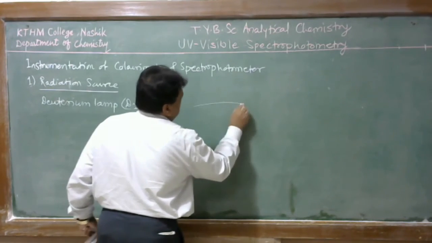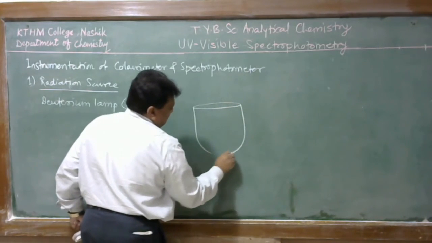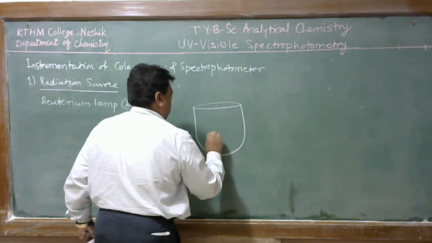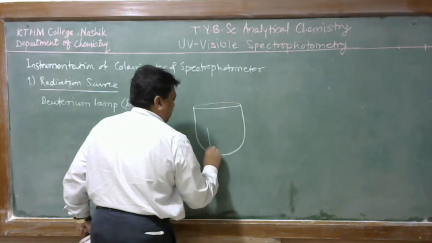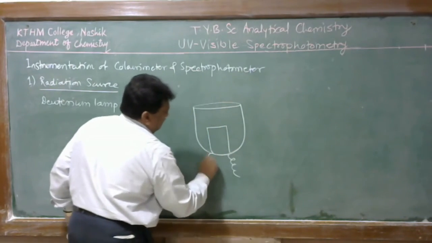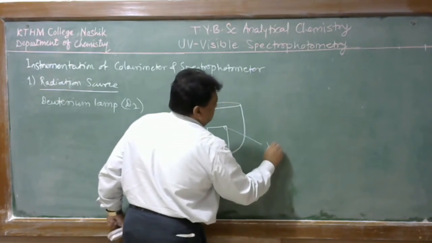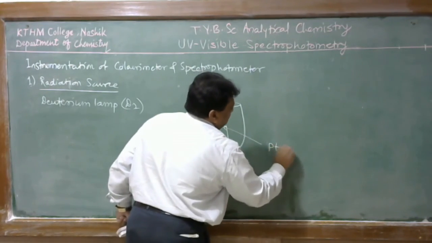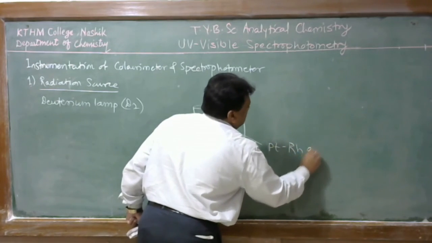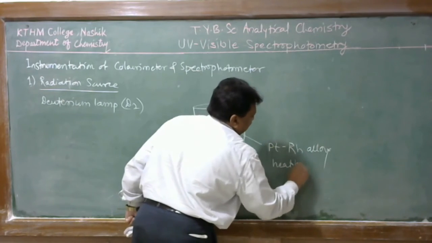Here this is a glass bulb. Again there is a plate which is connected electrically. This is a heating plate consisting of platinum rhodium alloy.